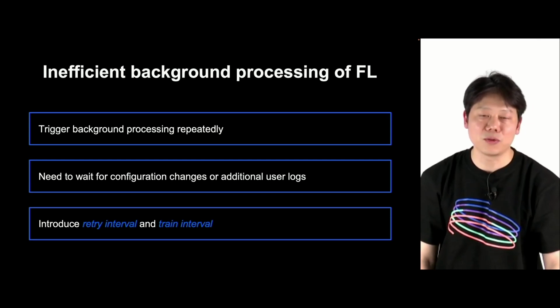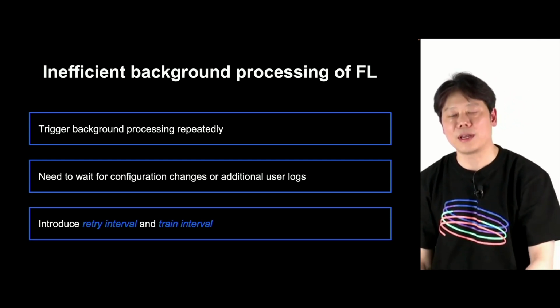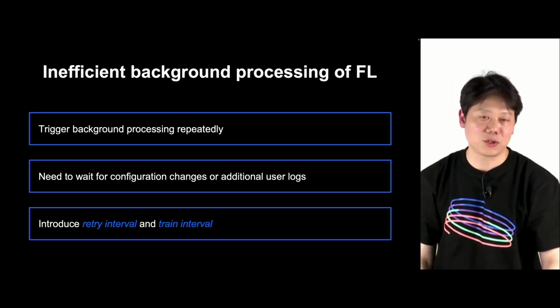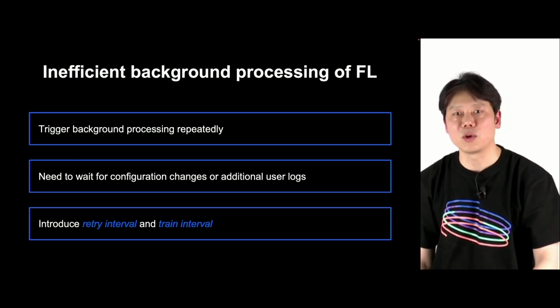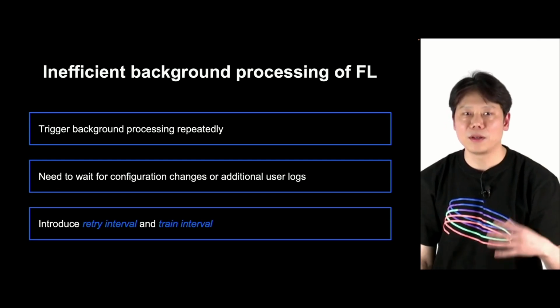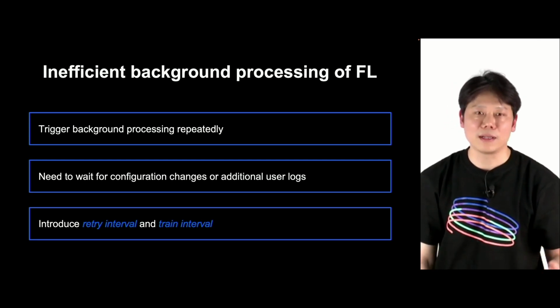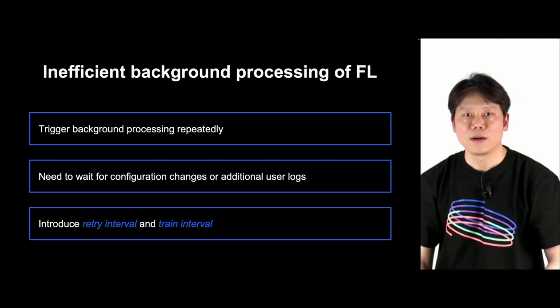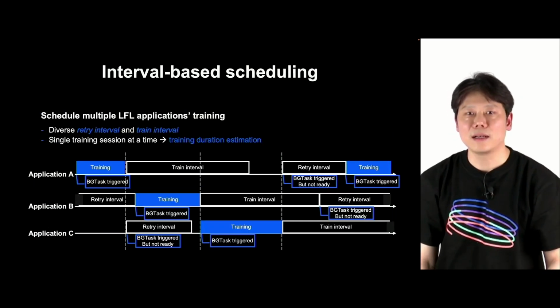And if the learning had been successful, then learning is reattempted after the train interval has passed. This is to give enough time for the logs to pile up. So through this configuration, we have reduced the load for the mobile device and the servers.